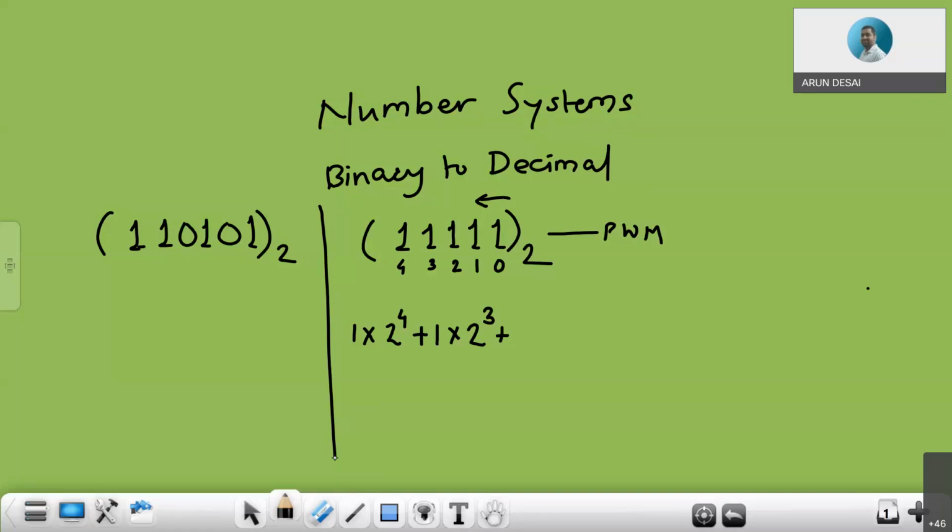Siddhi has given the answer: 53, right? Okay.